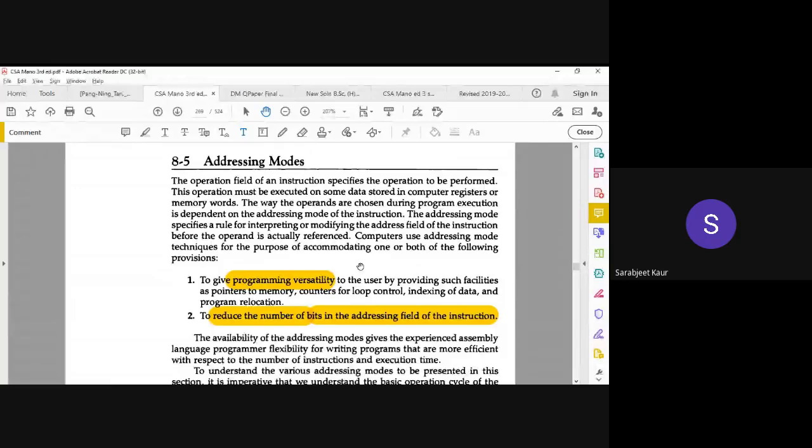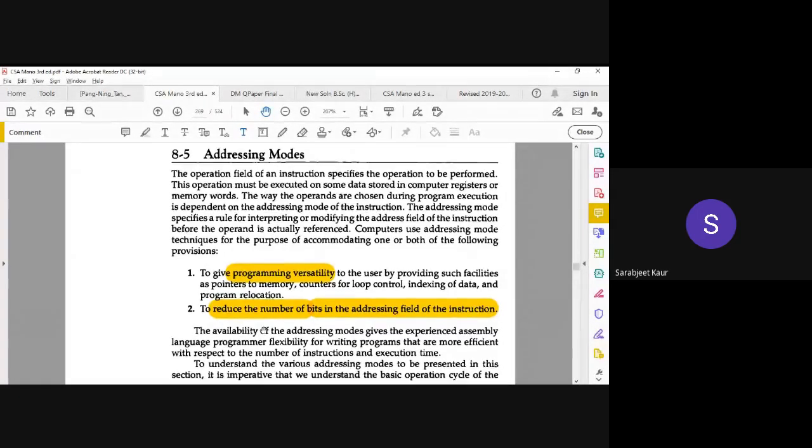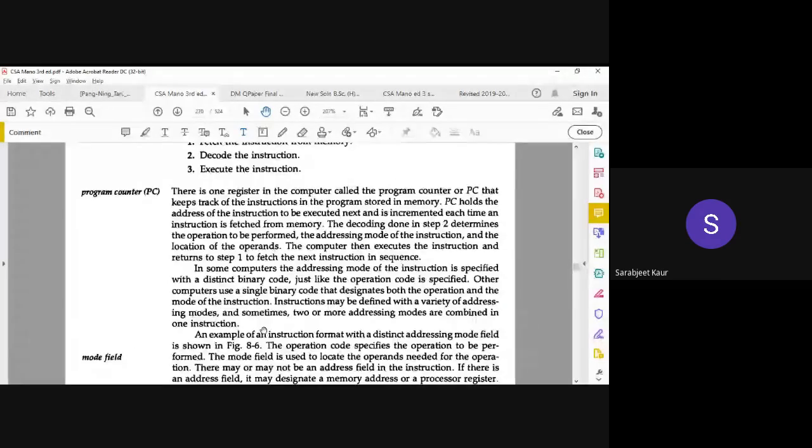So for these things, addressing modes help. How, I will tell you. And sometimes we also use addressing modes to reduce the instruction size. Okay, so how is that done? I will go over that with you.